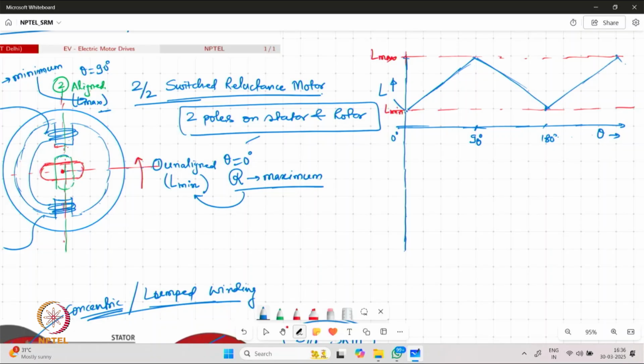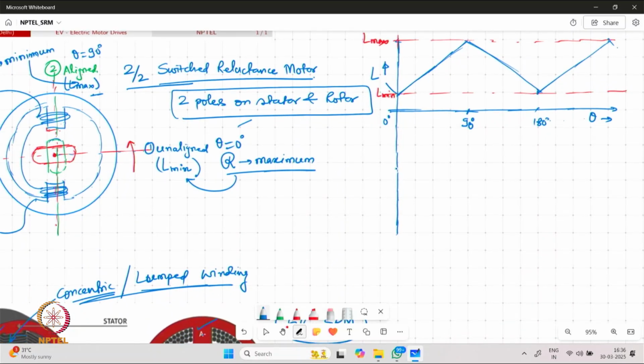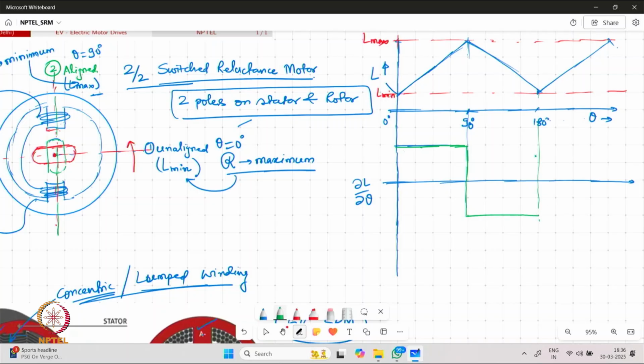Now, if we try to see the rate of change of inductance, if we plot dL by d theta with respect to the mechanical angle, we are going to find almost a constant positive value for 0 to 90 degree, and then a negative value for 90 to 180 degree.